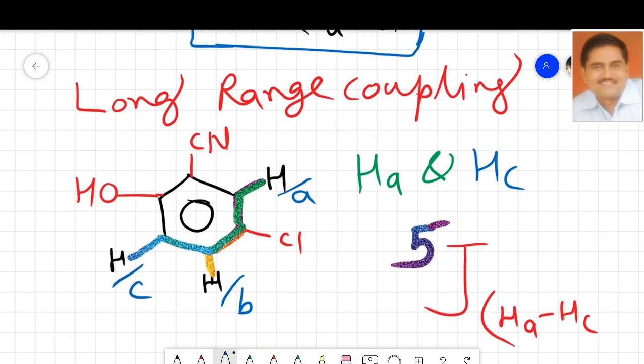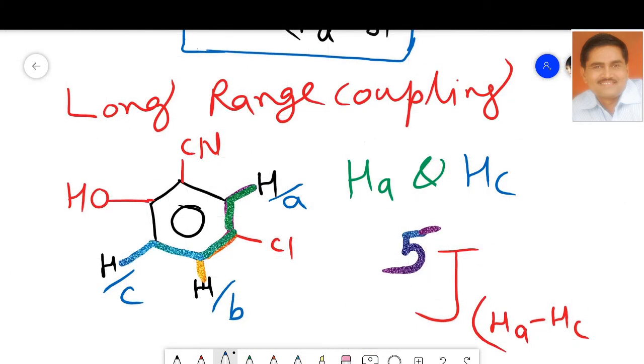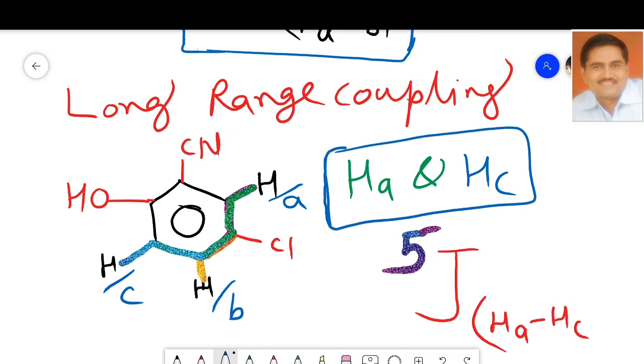And the last one is long range coupling. Long range coupling is observed very rarely in organic compounds, but we take one example here, and popular examples are from aromatic compounds.